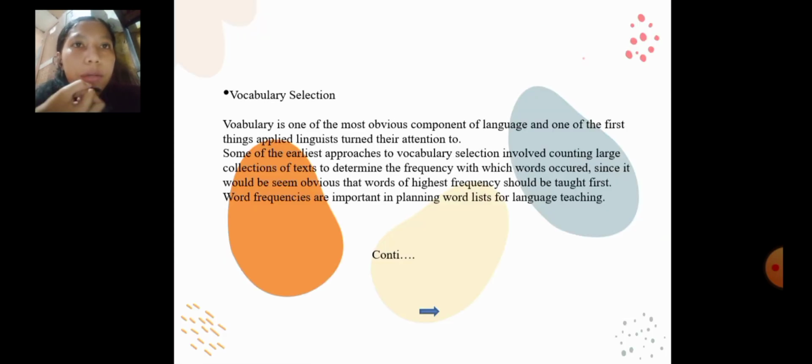Vocabulary selection. Vocabulary is one of the most obvious components of language, and one of the first things applied linguists turned their attention to.